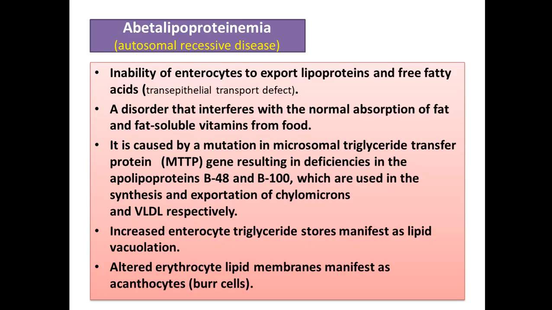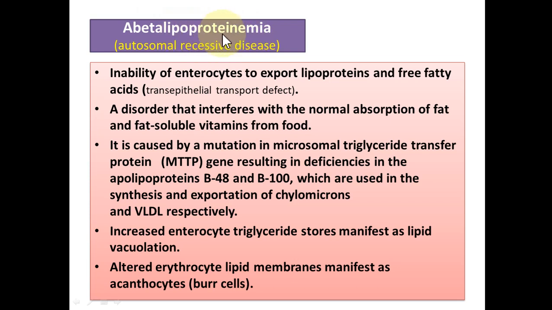Abetalipoproteinemia is a very rare disease, and it is an inherited condition. Abetalipoproteinemia is a word that sometimes confuses students, but during protein electrophoresis, the lipoproteins form beta or alpha bands.